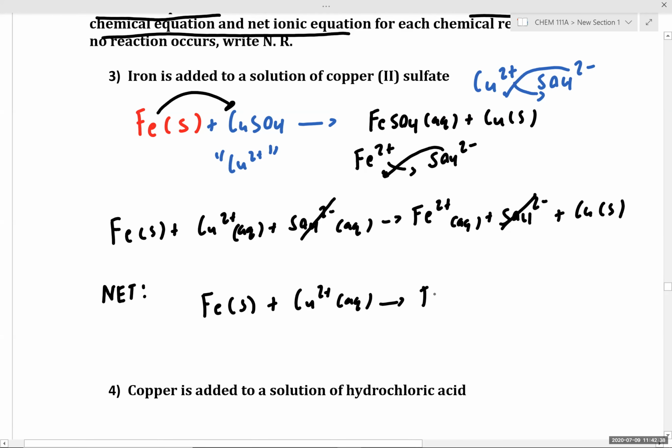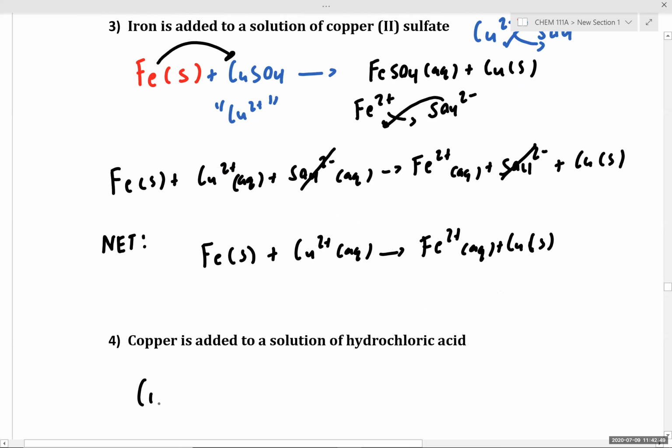Now, a question that I have for the class is, looking at this next reaction where we have copper added to hydrochloric acid, I'd like some students in the chat to tell me, do you think a reaction occurs in this case?